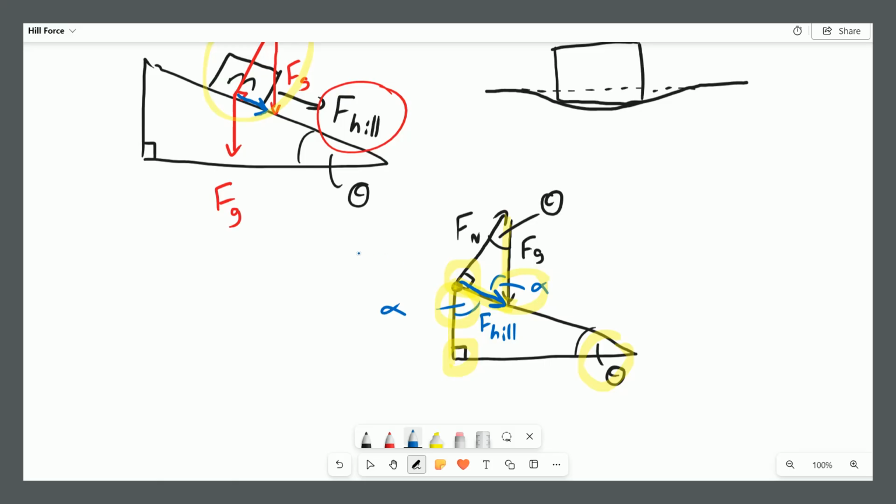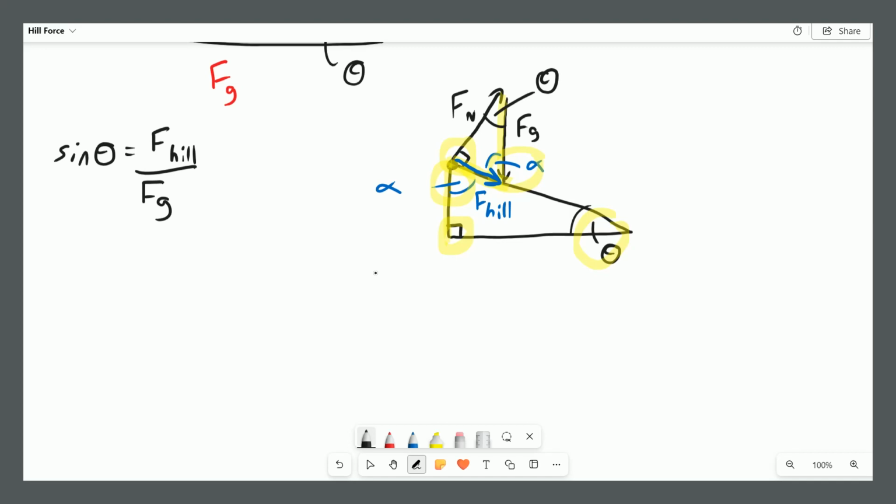Through some trigonometric properties, we can find exactly what Hill force and the normal force are. The sine of theta is going to be the Hill force, that's the opposite side of a right angle triangle, divided by the hypotenuse, which is our force of gravity.